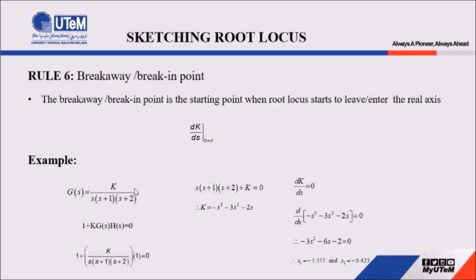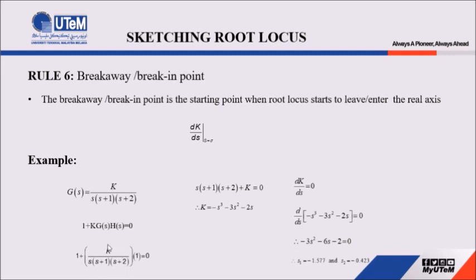We substitute G(s) into this equation, and the root locus is considered as a system with unity feedback, so H(s) is equal to 1. The characteristic equation becomes 1 plus K divided by s times (s plus 1) times (s plus 2), all times 1, equal to 0.